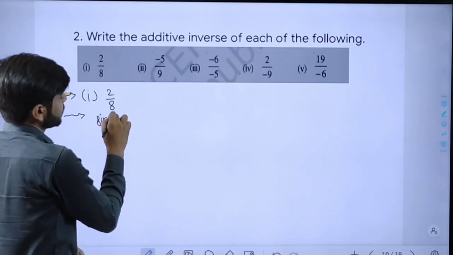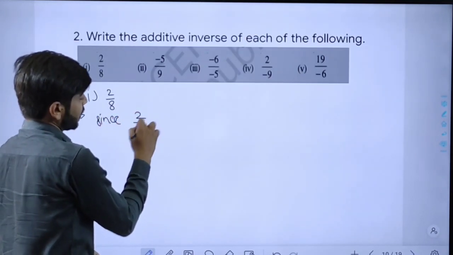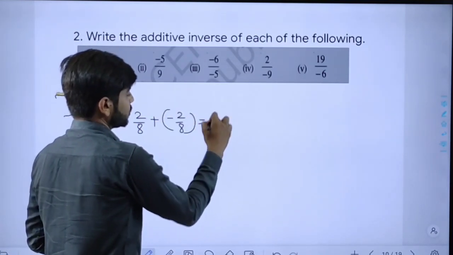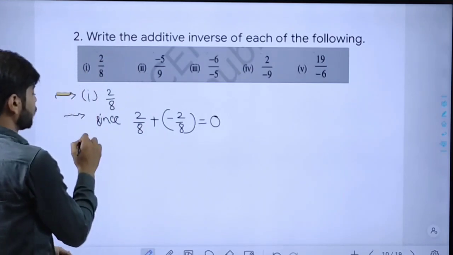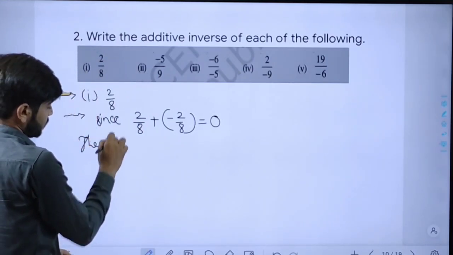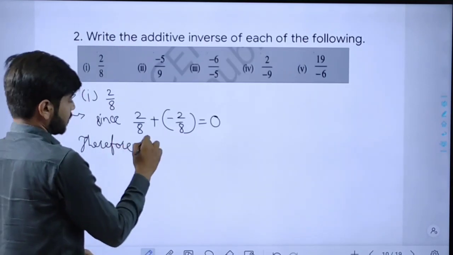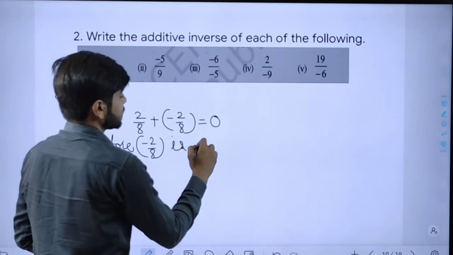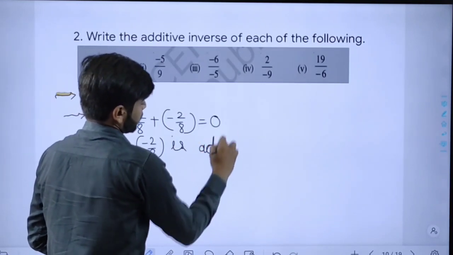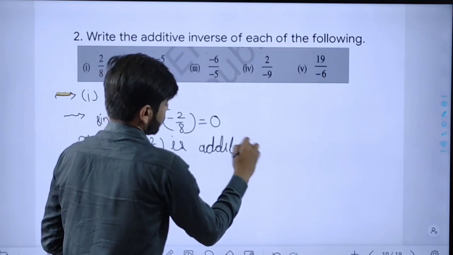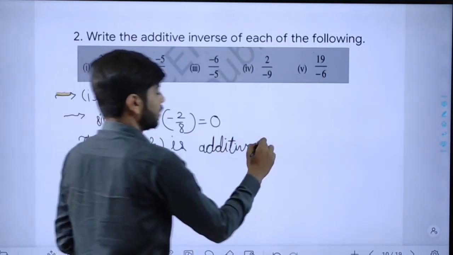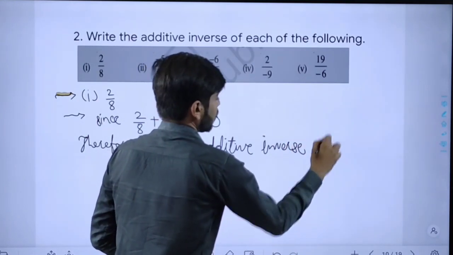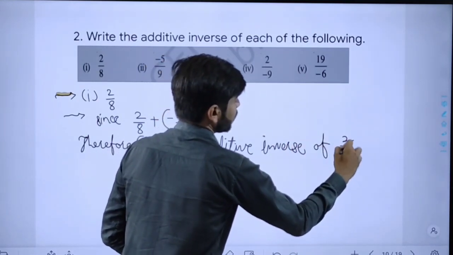Since 2 upon 8 plus minus 2 upon 8 is equal to 0, therefore minus 2 upon 8 is additive inverse of 2 upon 8.